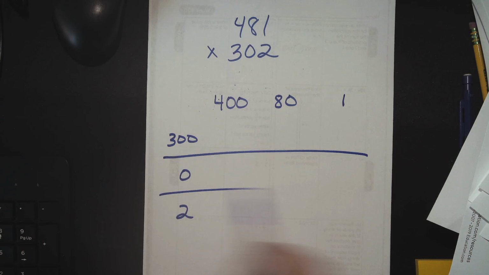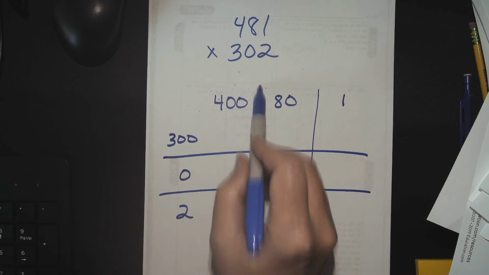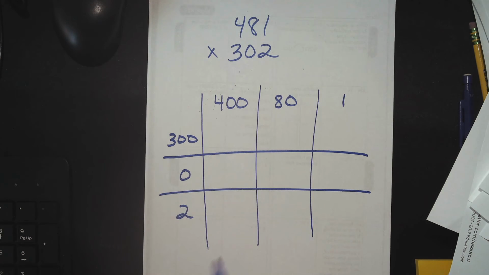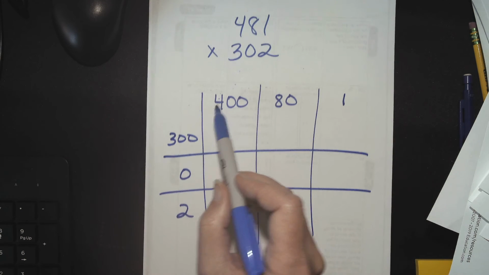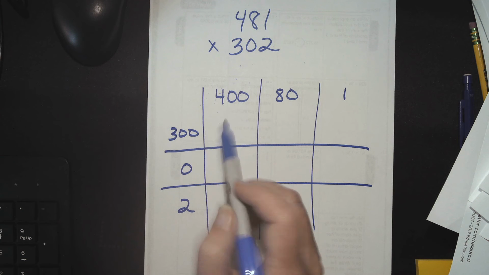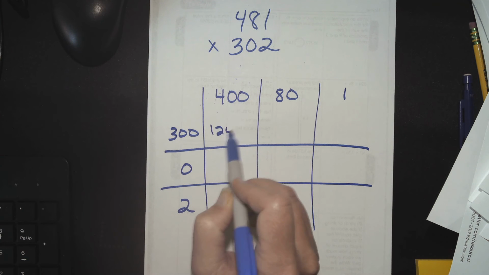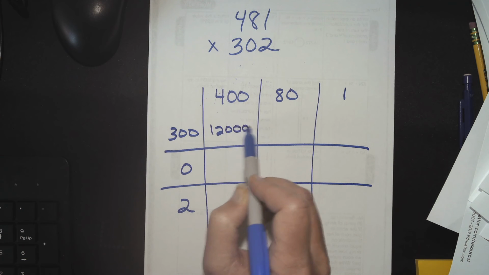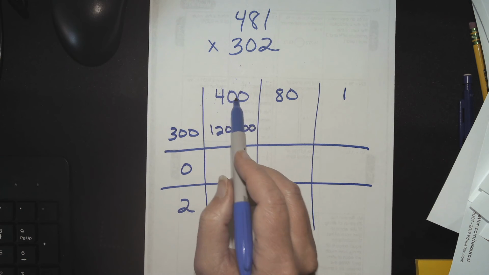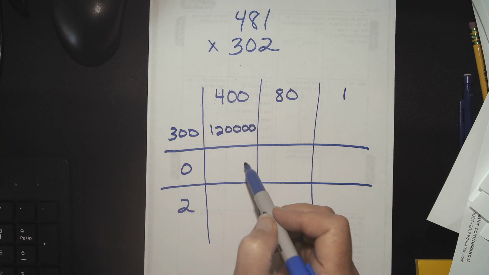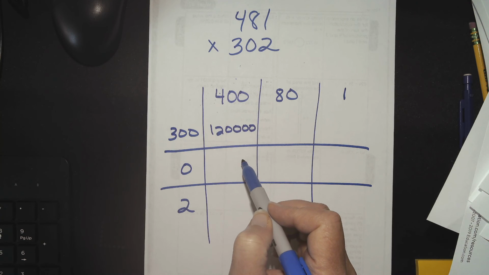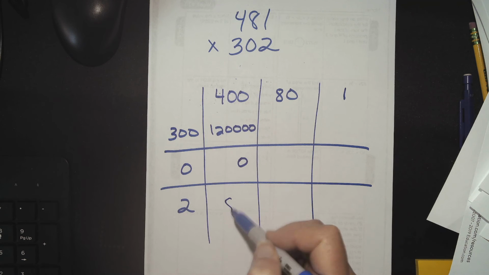And I like to write that 0 down so I don't get mixed up. Okay, so 4 times 3 is 12, and 2 zeros for each one. 400 times 0 is what? 0. 400 times 2.